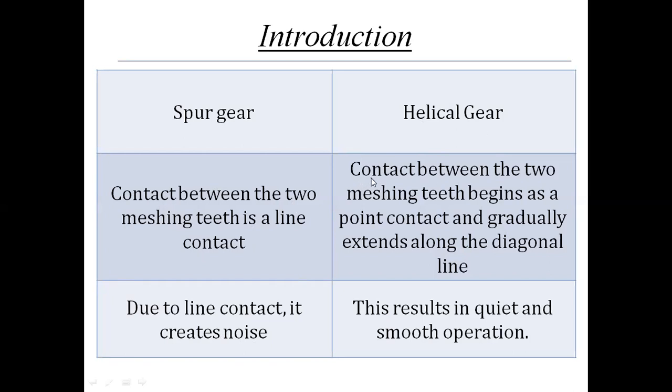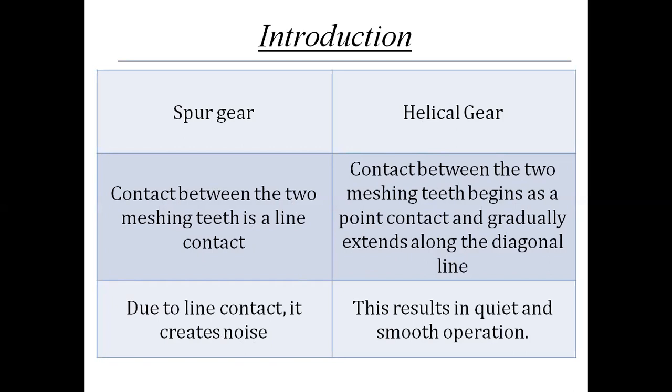In case of helical gear, the contact between two meshing teeth begins as a point contact, and gradually increases the contact along the diagonal line.